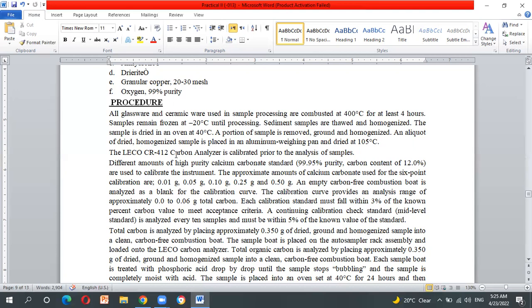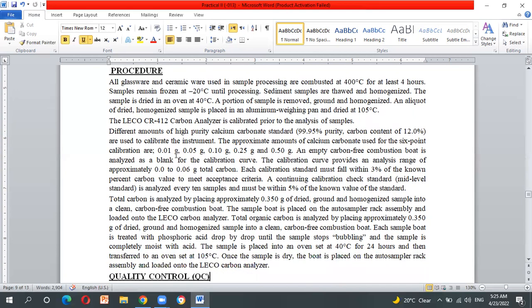Total carbon is analyzed by placing approximately 0.350 gram of dried ground and homogenized sample into a clean carbon-free combustion boat, and the sample boat is placed on the auto sampler rack assembly and loaded onto the LECO carbon analyzer. Total organic carbon is analyzed by placing approximately 0.50 gram of dried ground and homogenized sample into a clean carbon-free combustion boat.